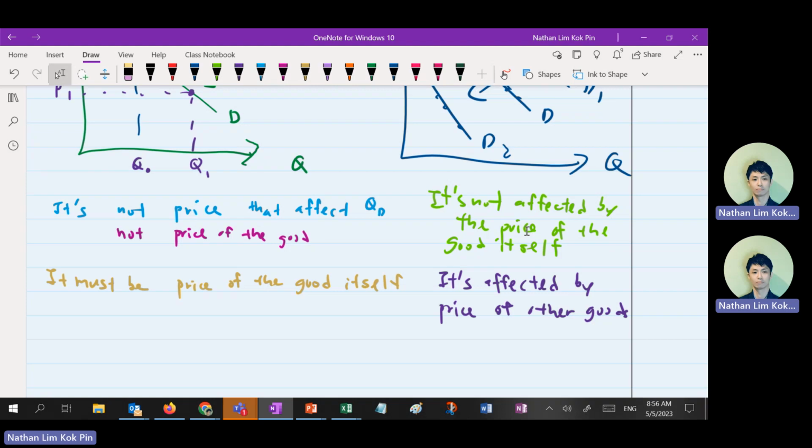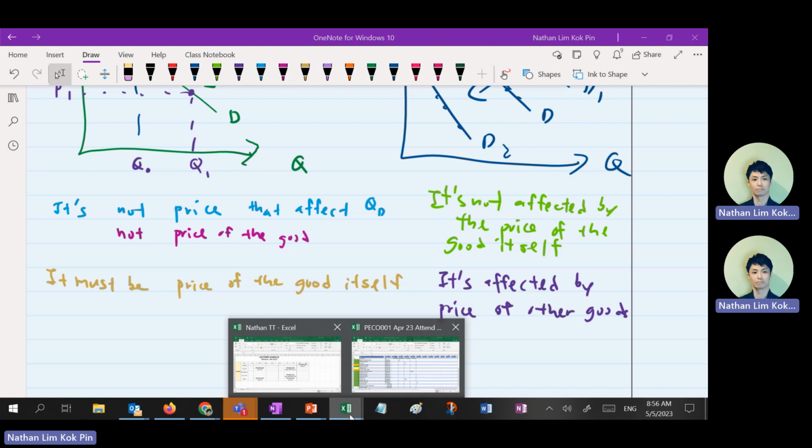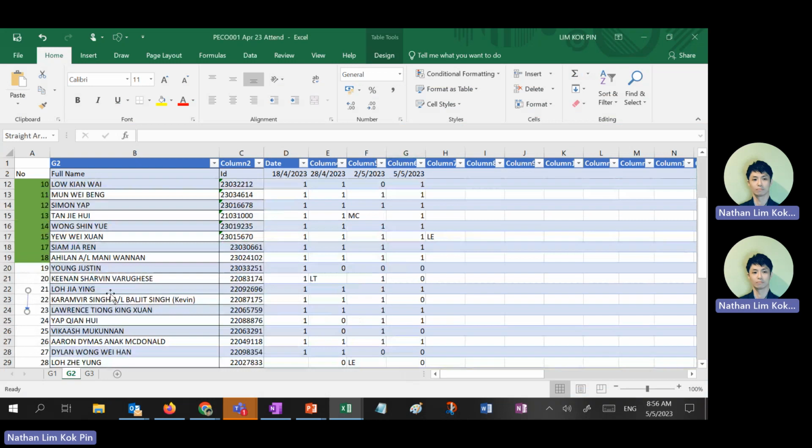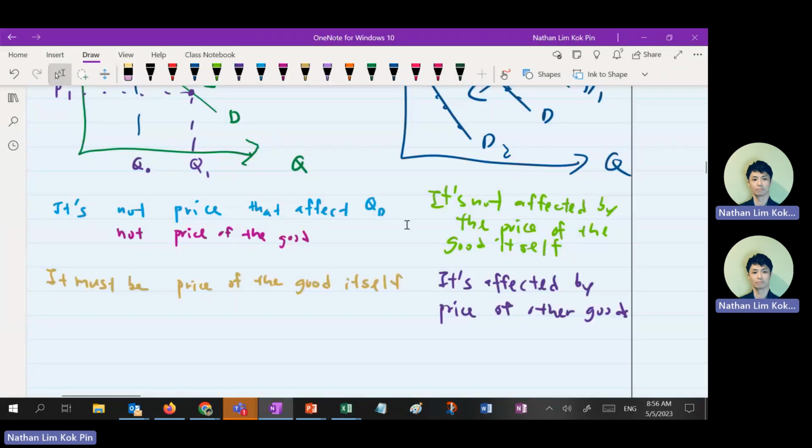Do they have the same meaning? No. So income is on the right side here.